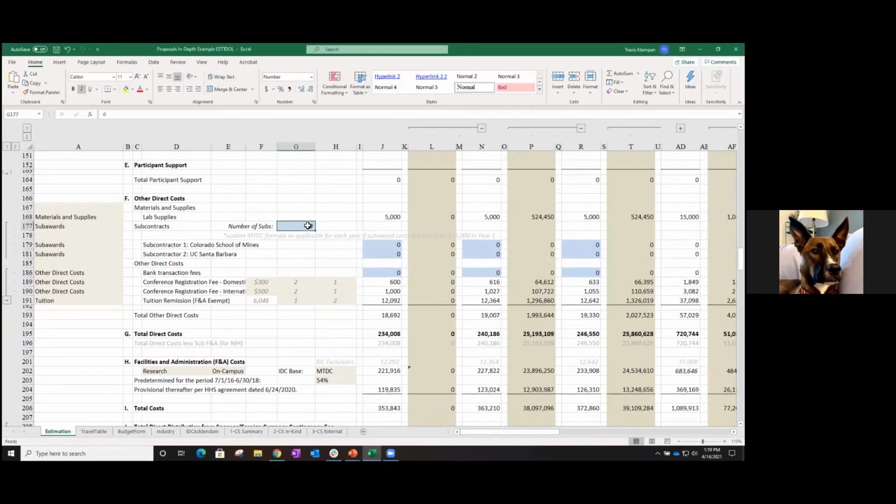In this case, we're just going to use one sub. $30,000. As we said, once you enter the number of subs and the sub cost, it'll do all the calculations for you. A special case is if you have less than $25,000, either in year 1 or spread apart in year 1 and 2.